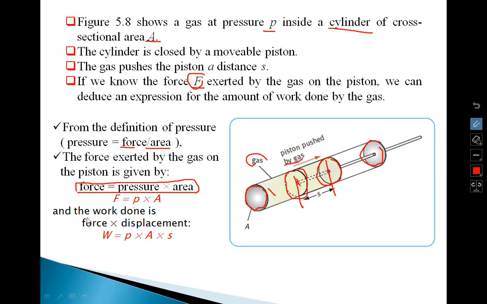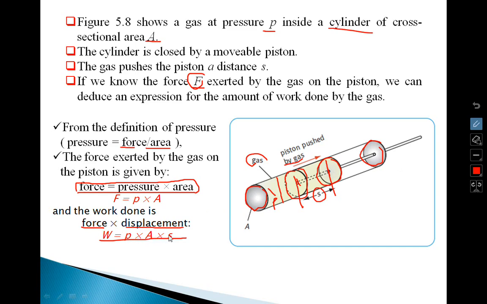So what is the work done here? The work done is force times displacement. So the final equation is W equals P times A times S: the pressure P inside the cylinder, times the cross-sectional area A, times the displacement from this point to this point.